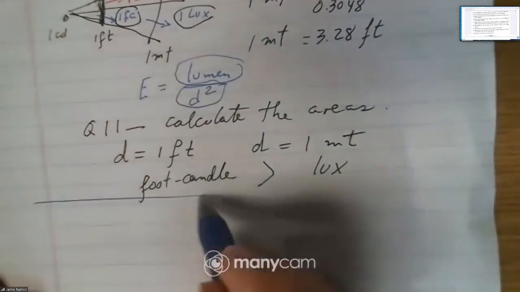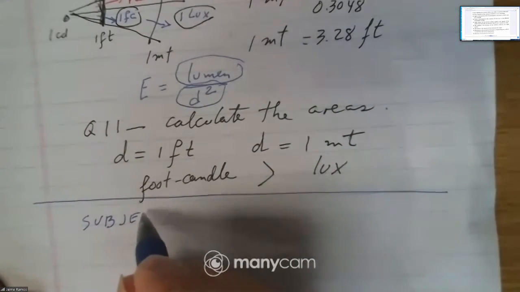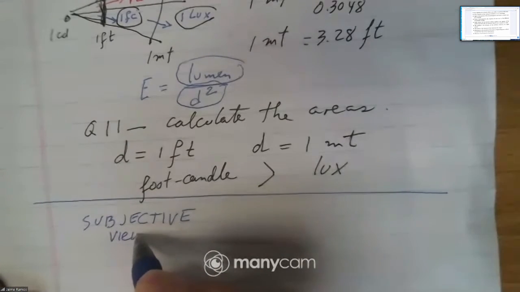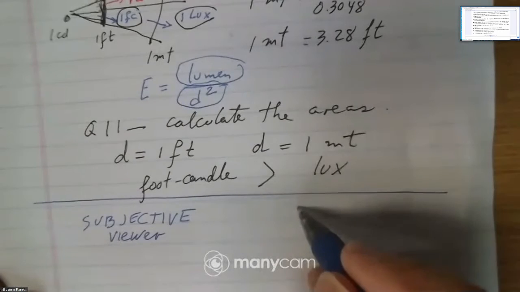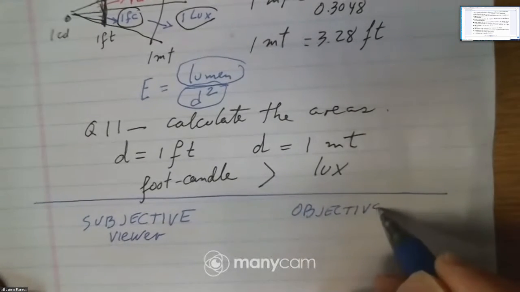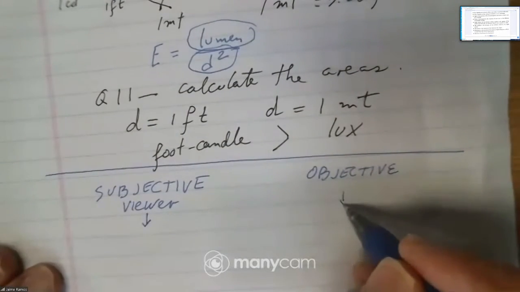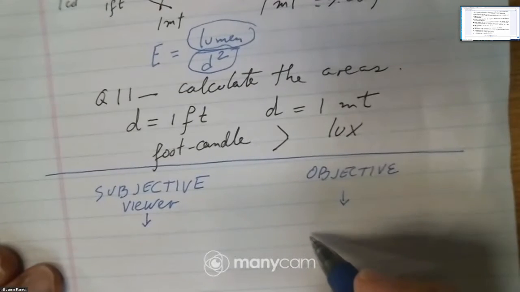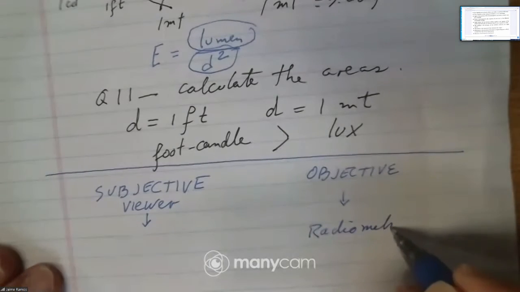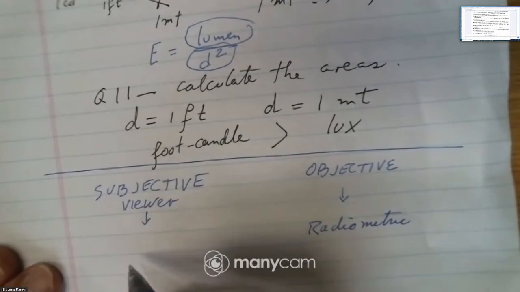So it says at one point that we have subjective. It depends on the viewer. And let's say objective. Okay, so this is called radiometric, and this is called flux light.